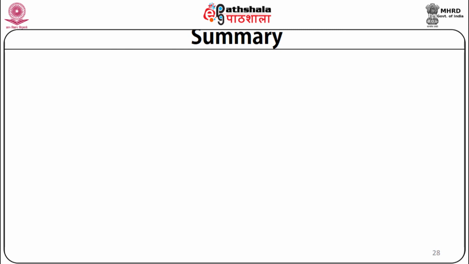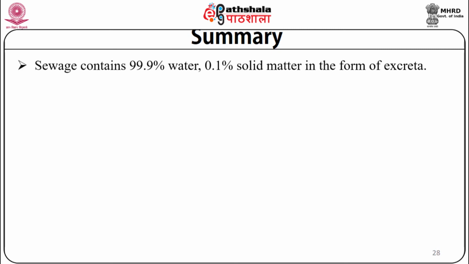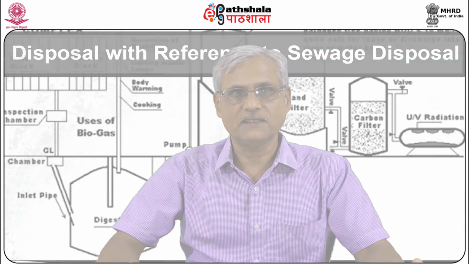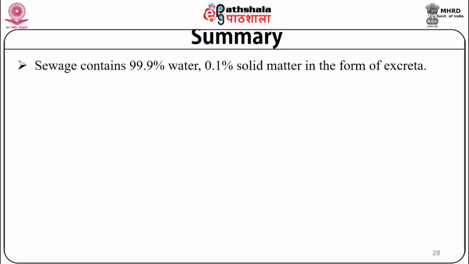There are other methods like oxidation ponds and agricultural farming systems after treatment. They supplement the activity of that, and we can conclude by saying that sewage contains 99.9% water, and 0.1% solid matter in the form of excreta.